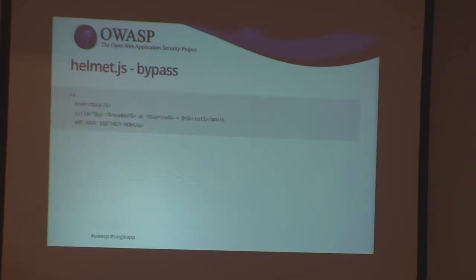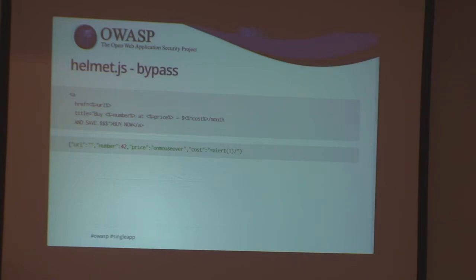This one is quite interesting. This was the template he provided. It says a href equals, and there's a quoteless attribute. And then title equals buy number at price at cost per month, and save dollars by now. And the data he provided was an empty URI, the number 42, the price on mouse over, and the cost equals alert 1 slash.